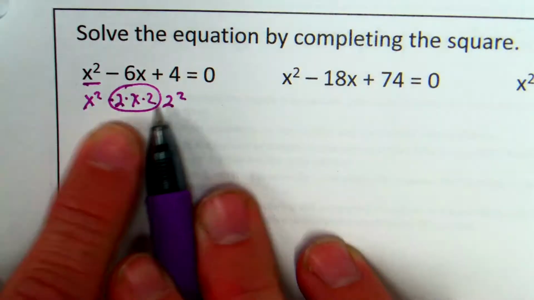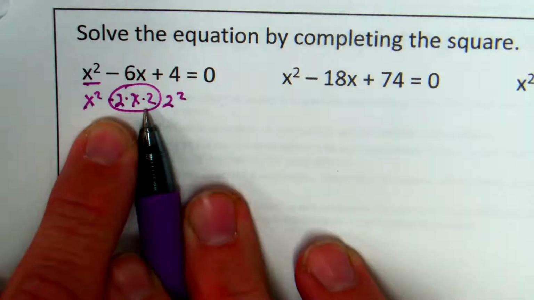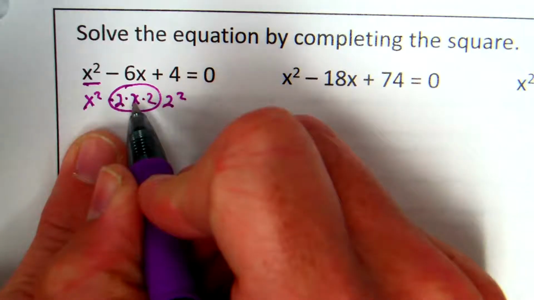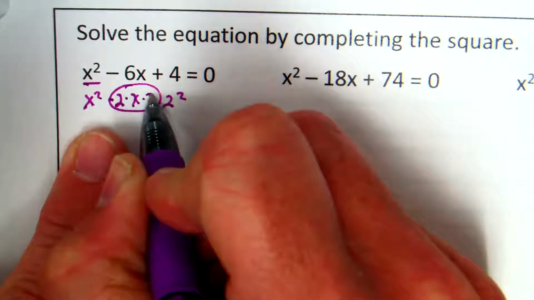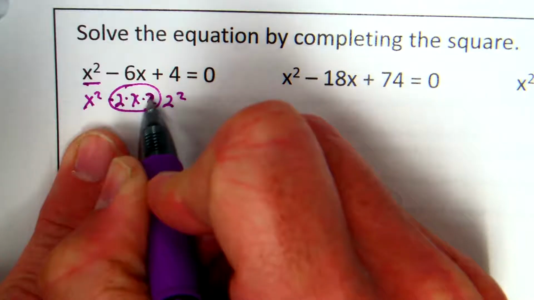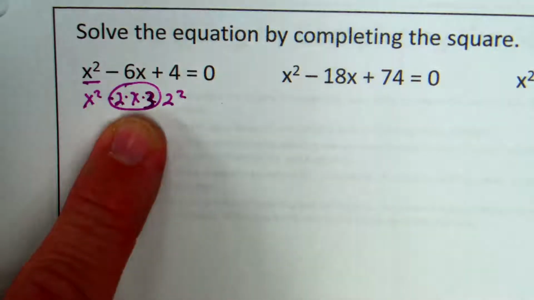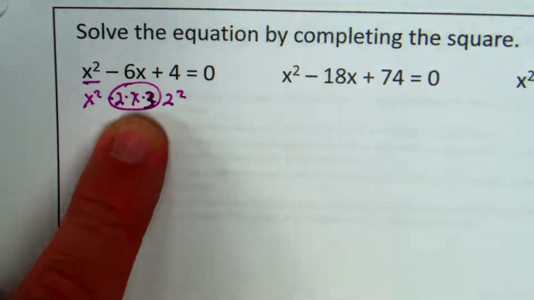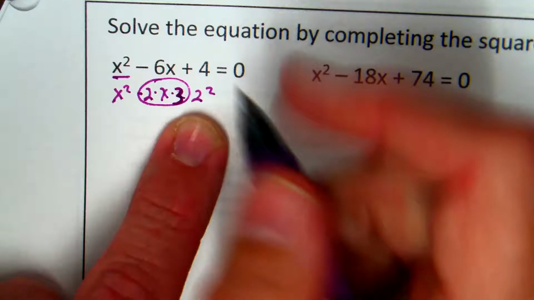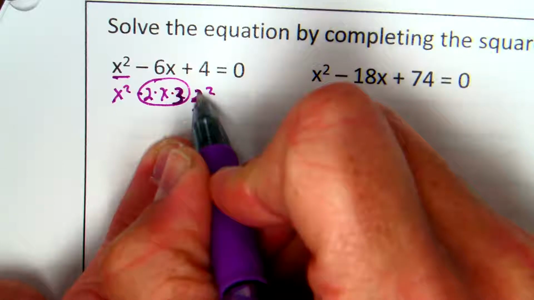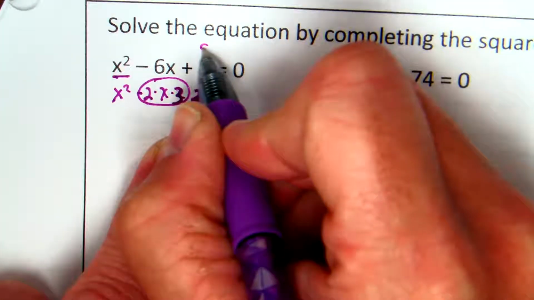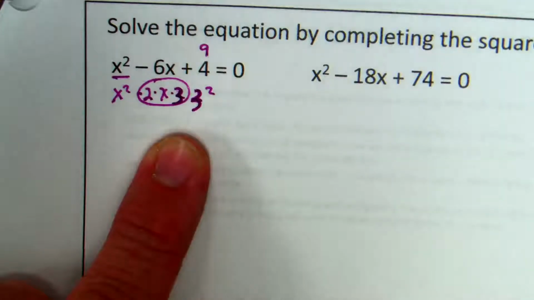Even though this is a perfect square, the middle is not 2 times x times 2. The middle is actually 2 times x times 3. Well, that's a problem, because that would mean this would need to be a 3 squared, and this would need to be a 9 in order for this to work.